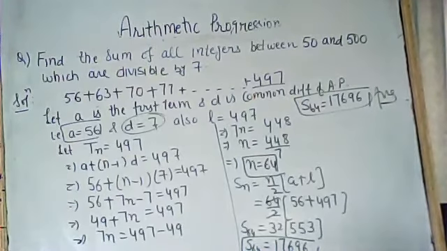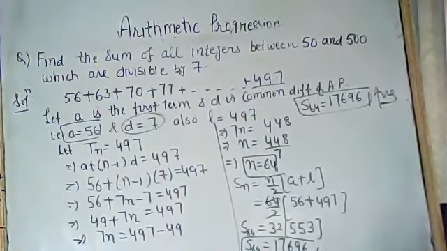These are the examples based on the sum of different series or sequences of arithmetic progression. In the next class, we shall discuss more examples based on the sum, as well as how we can find the number in case of arithmetic progression, like the selection of different terms.